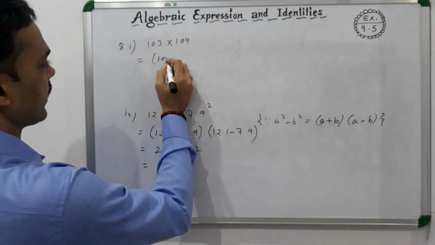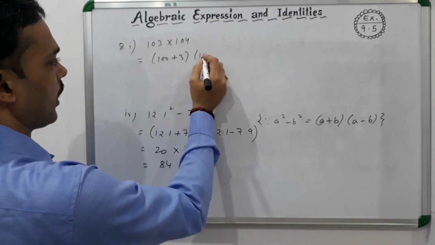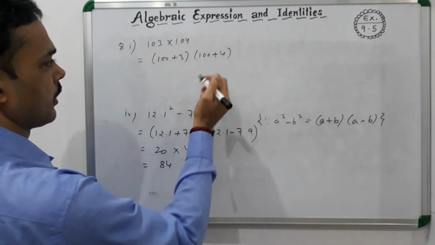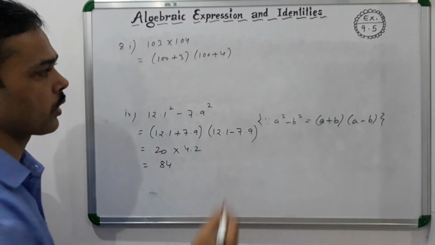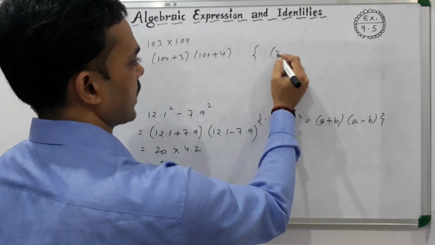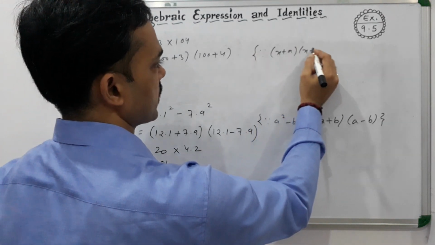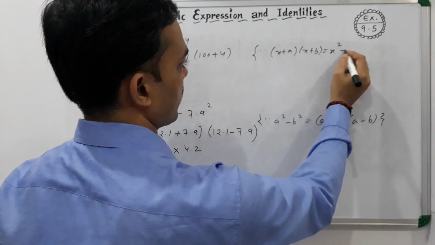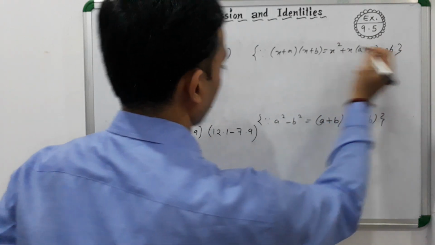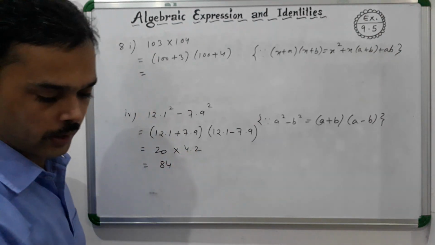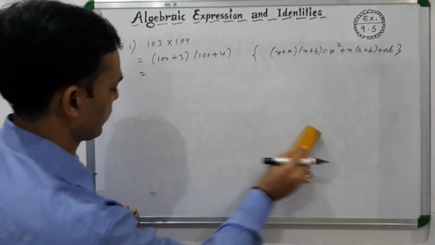That is why it is 100 plus 3 into 100 plus 4, that is x plus A into x plus B. Since x plus A into x plus B equals x square plus x in bracket A plus B plus AB.